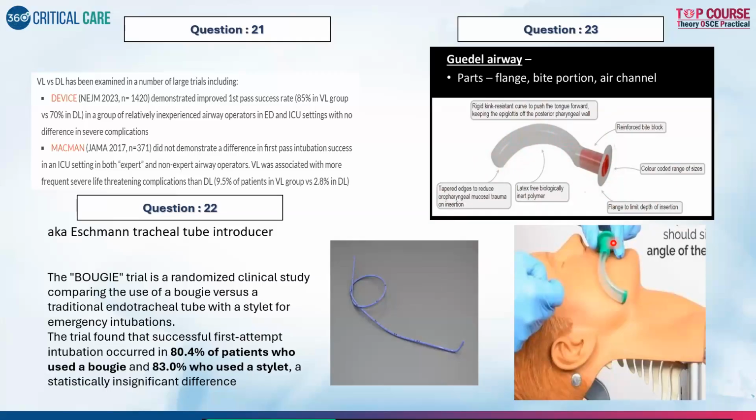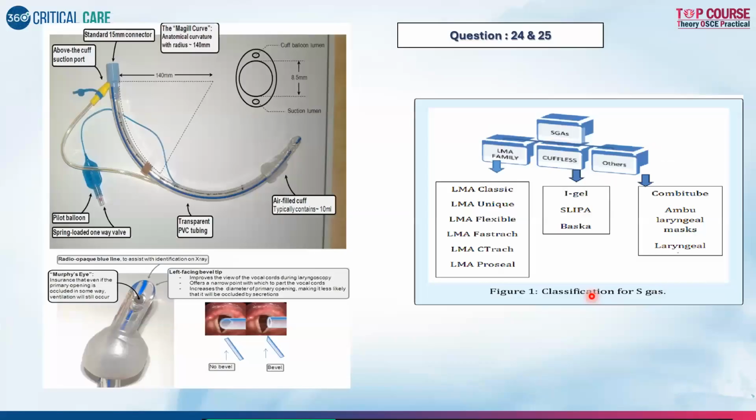Okay. And please know how to measure it. It is from the angle of the mouth until the mandible. Please do not say tragus. Okay, please do not say tragus. Please, it is the angle of the mandible. So this is regarding the Goodell's airway.